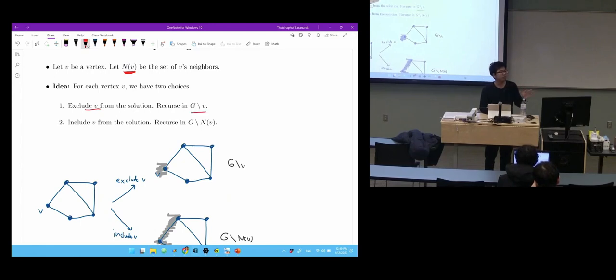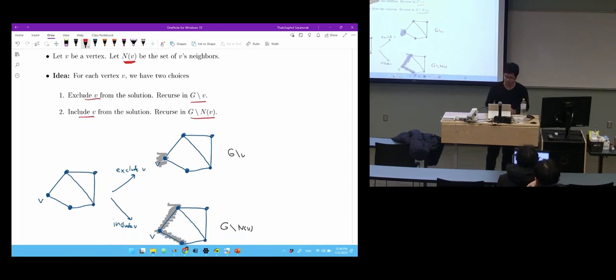And you can just recurse on G minus V. If you want to include V, well, you can. But now what you can do is recurse on G minus N(V). So why do I delete not just V but N(V) as well? Well, because if V is in the solution, you know that the neighbors of V cannot be part of the solution anymore, so you can just throw them away too.